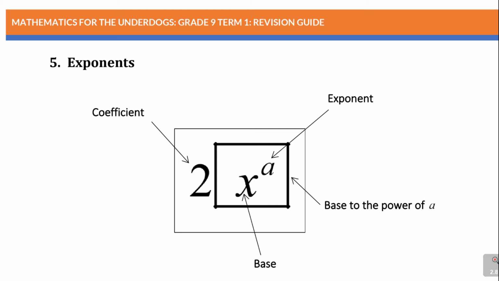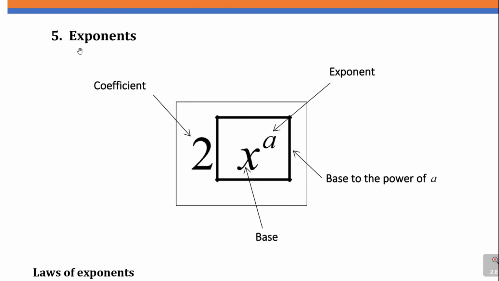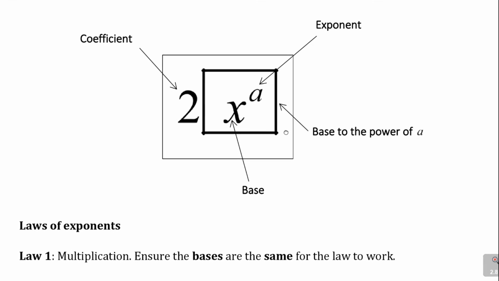So if we're looking at exponents in this case, what are the things that one expects to know concerning exponents? When you're dealing with exponents, what you need to know in general, we've got the coefficient. As you can see, this 2 here is the coefficient, and then x to the power a.